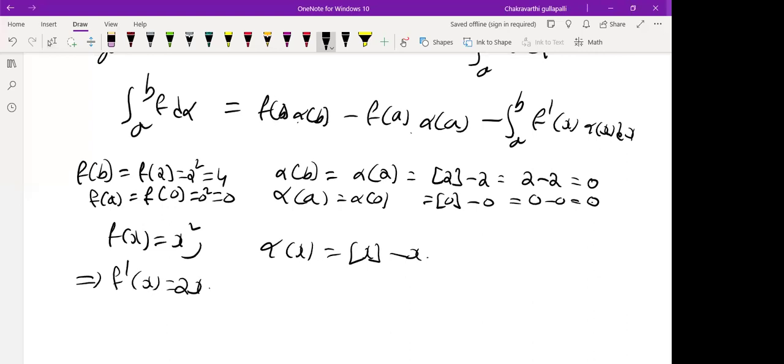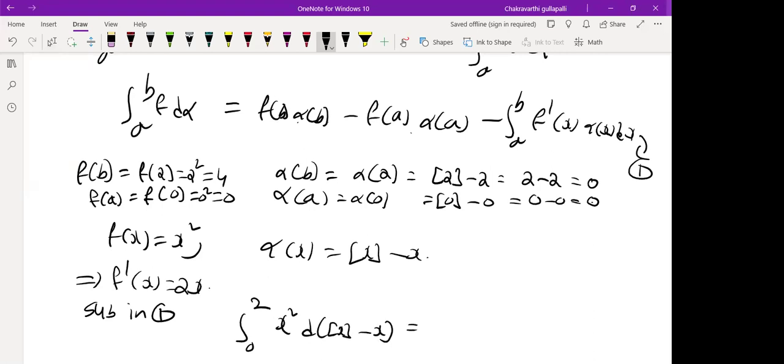Use this form. So substituting in 1: the integral from 0 to 2 of x square d of (box x minus x) equals 0 minus 0 minus the integral from 0 to 2 of f dash x, 2x, times alpha x, box x minus x.